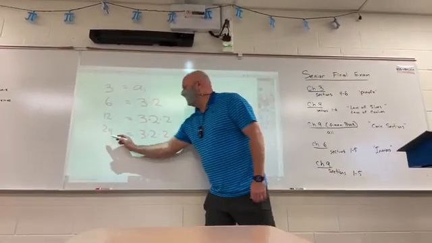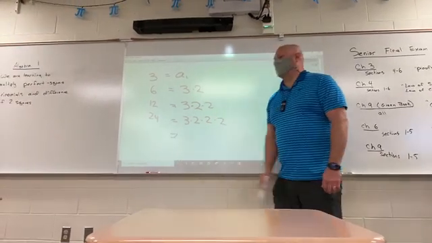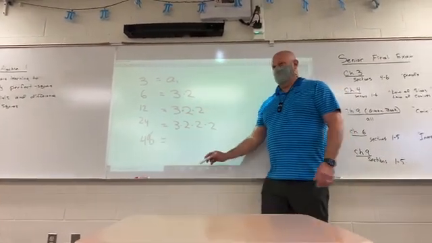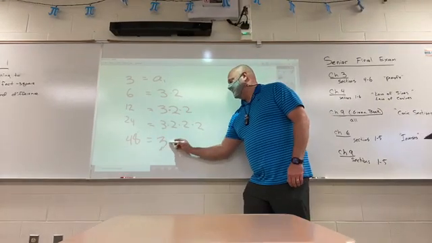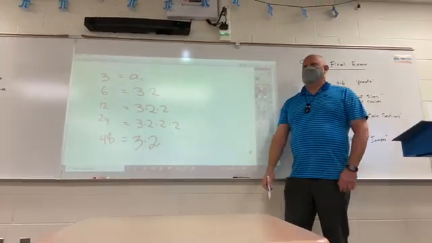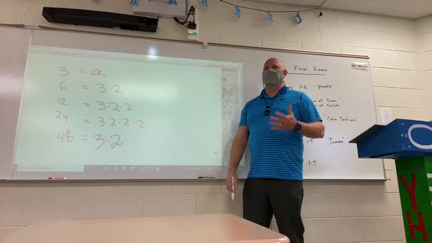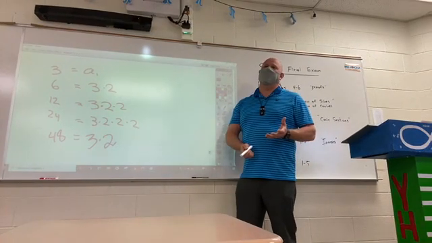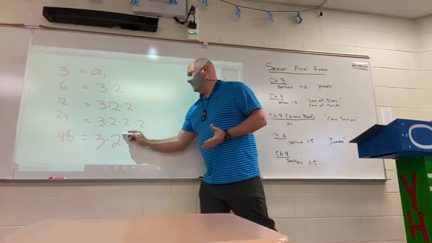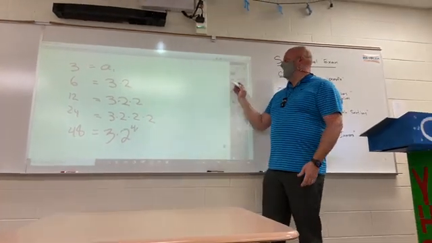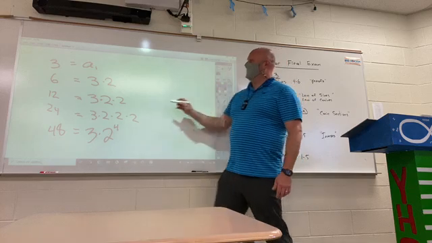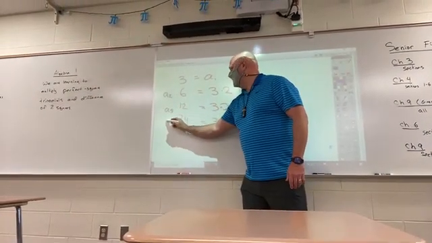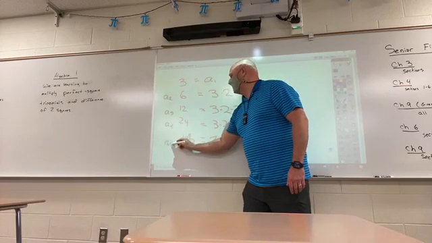So how would I find the next term? How would I find the 48? You're just ahead of me. Yeah, the 48 would be how many 2's would I have to multiply together? It'd be 4 of them, right? Now, this is my a sub 1, this is a sub 2, this is a sub 3, a sub 4, and this is a sub 5.